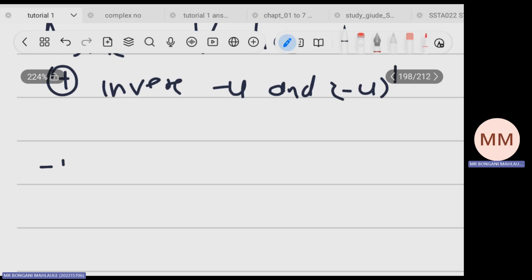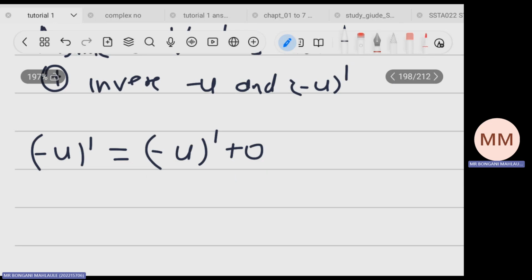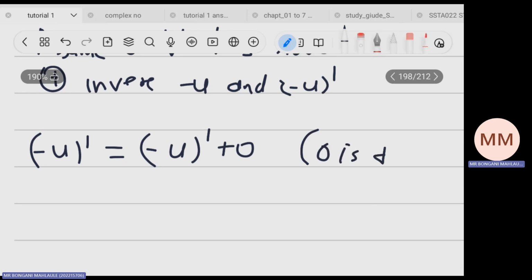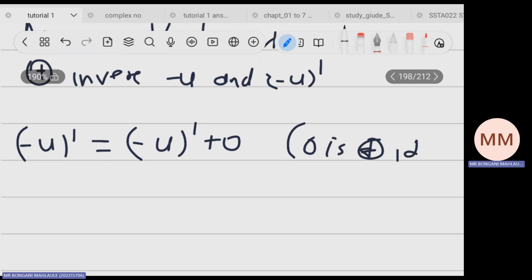Now, negative u prime will be equal to negative u prime plus 0, because 0 is an additive identity.